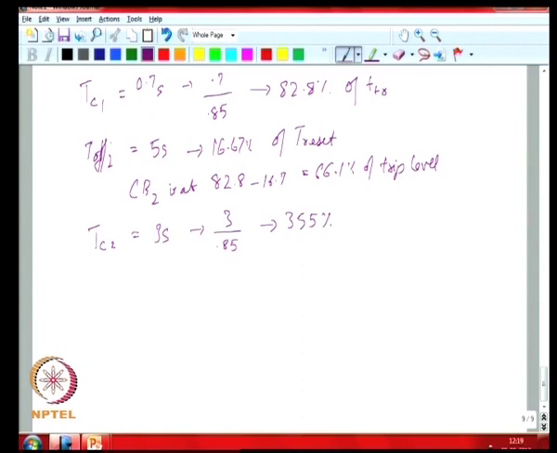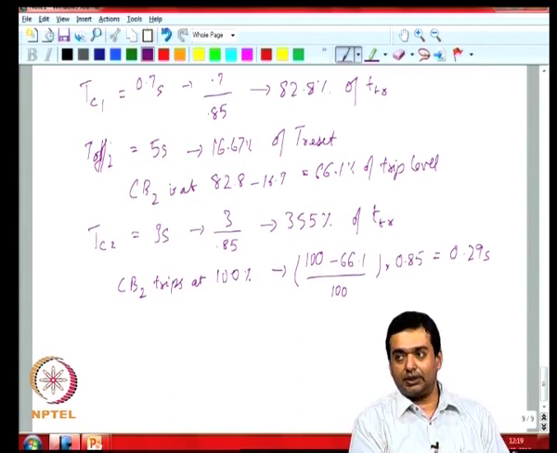So, your actual trip time for your circuit breaker corresponds to 100%. So, it did not require 3 seconds, it tripped in 0.3 seconds in the second reclose cycle. Okay.